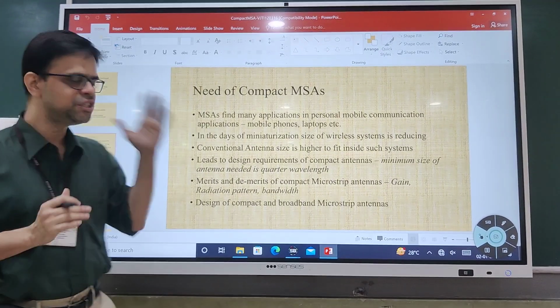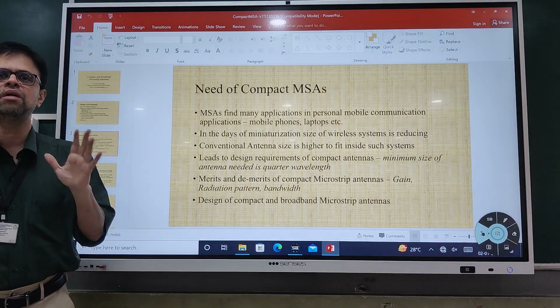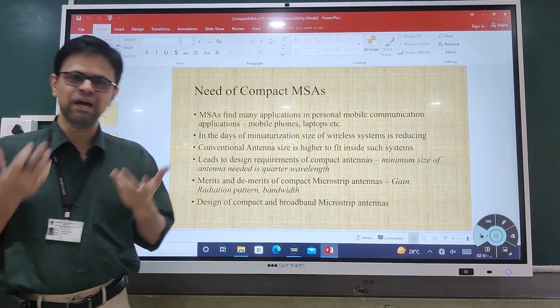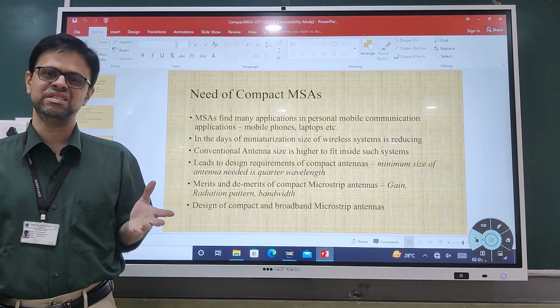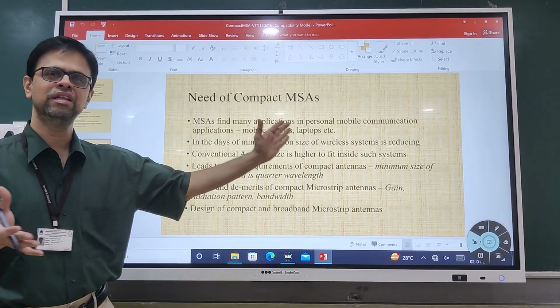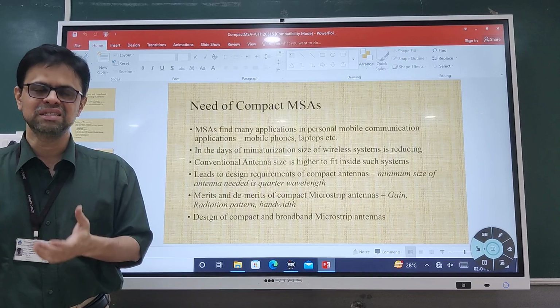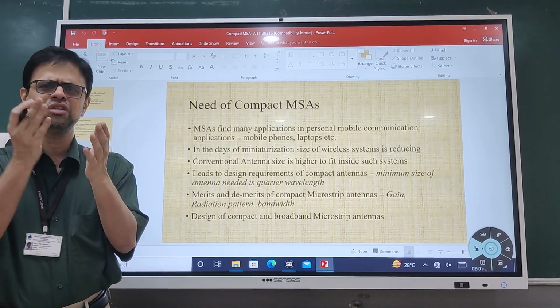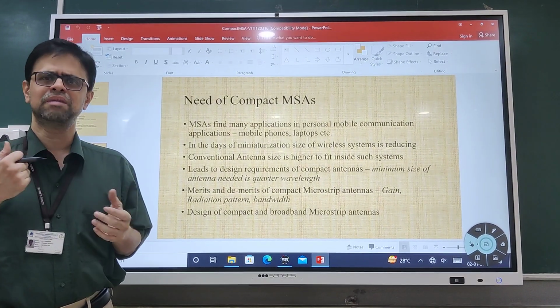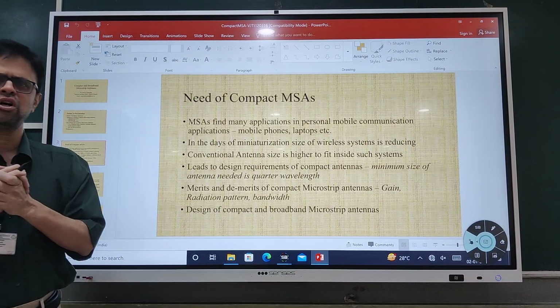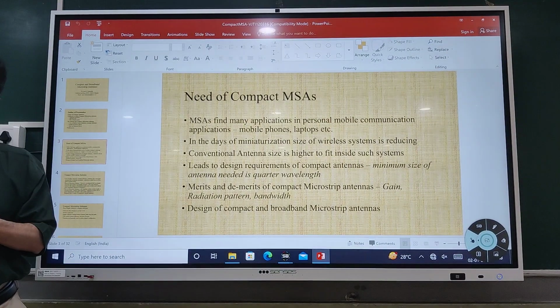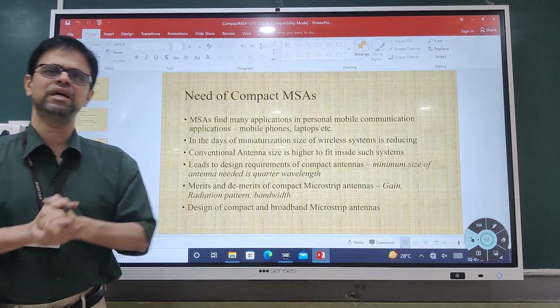So there, conventional microstrip antenna does not come to the rescue, because you cannot afford to have a size of almost 10 centimeter or 16 centimeter in length on any wireless device. In fact, if you open up some device and see yourself, you will see a small size is allocated to the placement of the microstrip antenna.